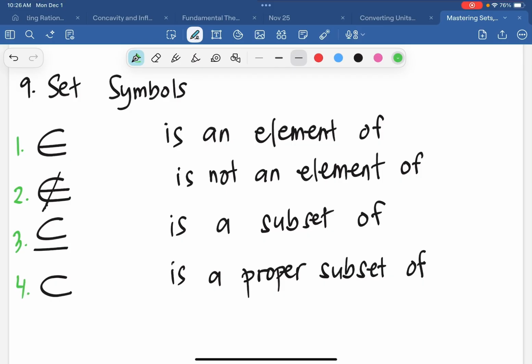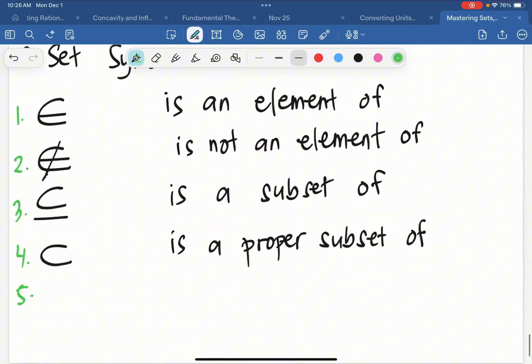Fourth one, we have the proper subset, so it's a proper subset of. If we are to add another based on earlier discussion, a certain set is an empty set.